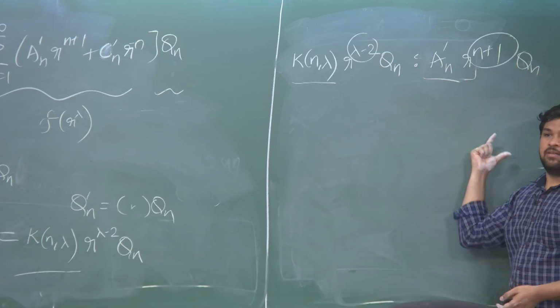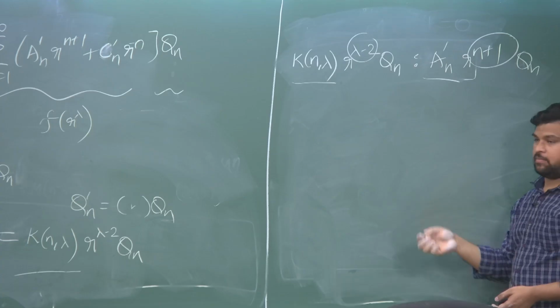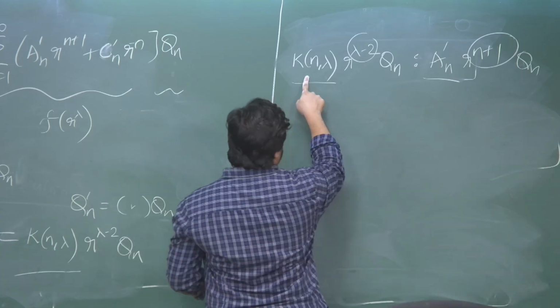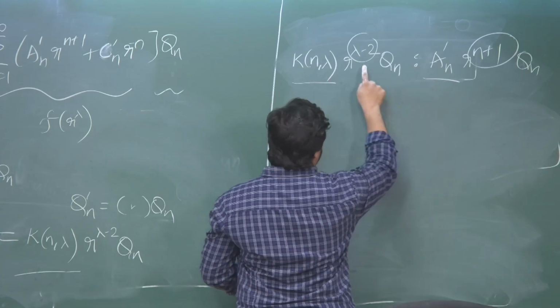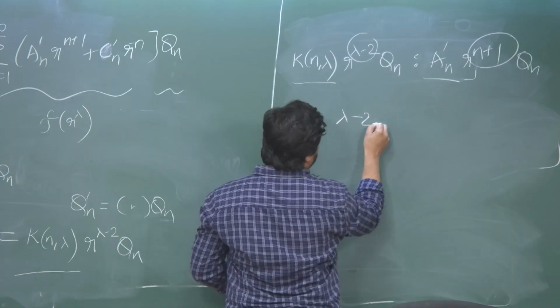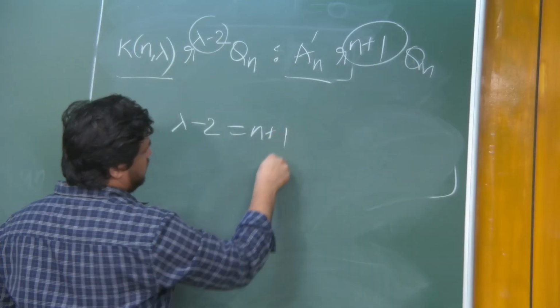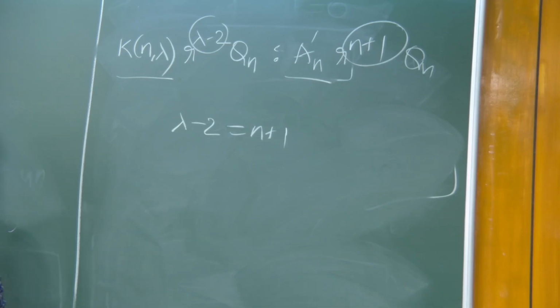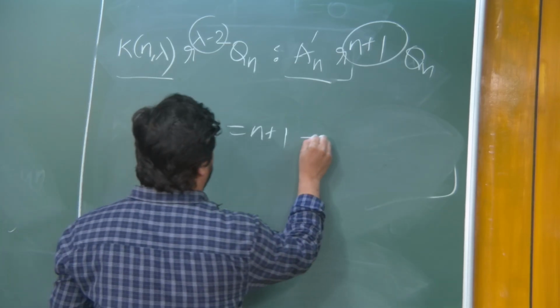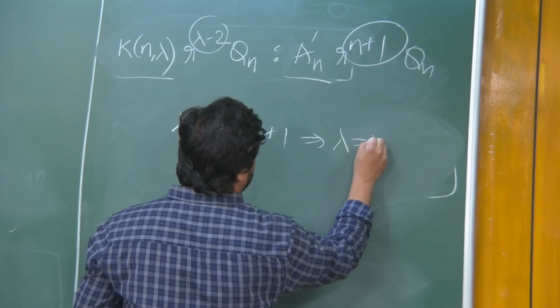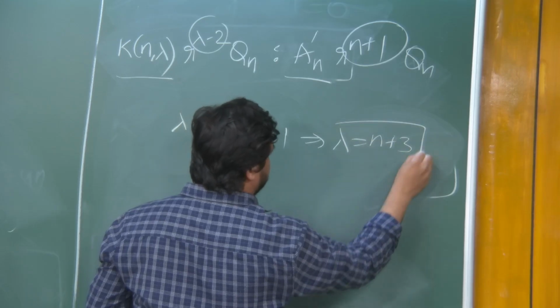Then only both terms can be comparable. So, from here kn should be this constant, and lambda minus 2 should equal n plus 1. Understand? Now, this lambda becomes n plus 3.